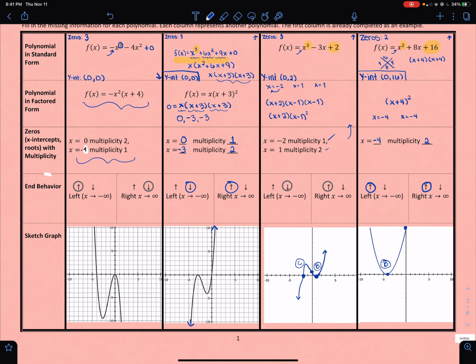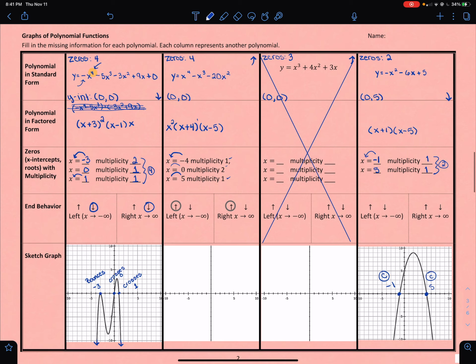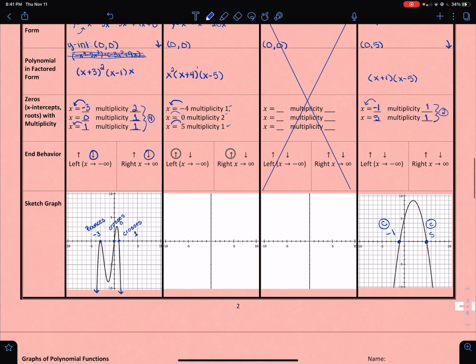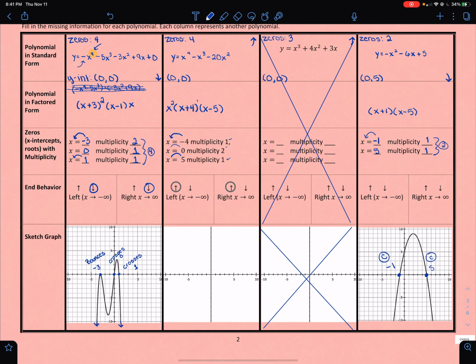And let's go on to the second page and see how much we can get done there. Okay. So on this second one, again, I did say we were going to go ahead and skip this one. Okay. On this one, we've got the y-intercept is at 0, 0. So it's going to cross the y-axis at 0, 0.